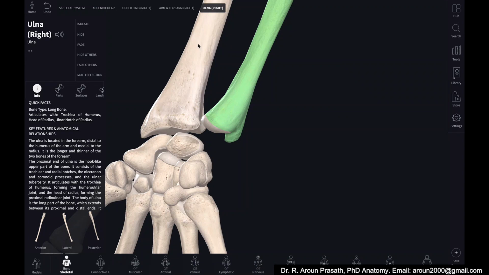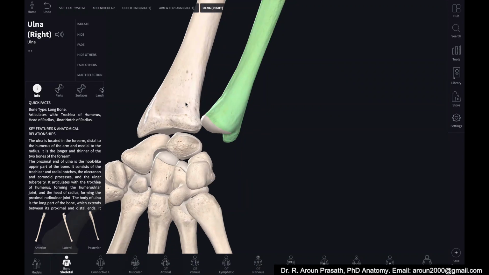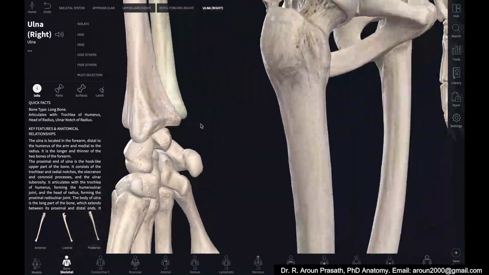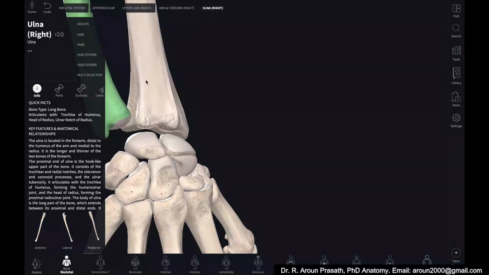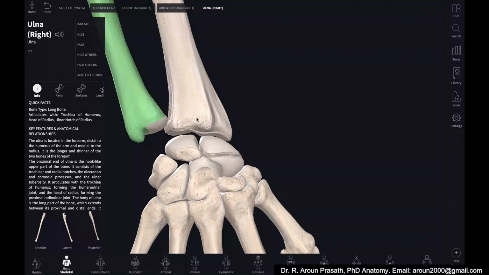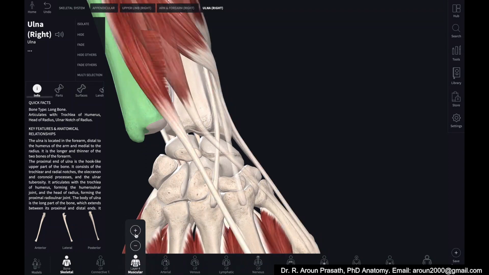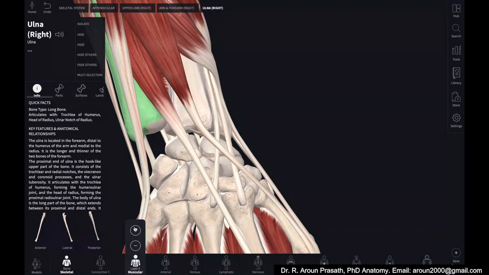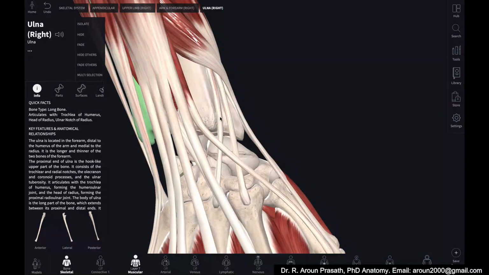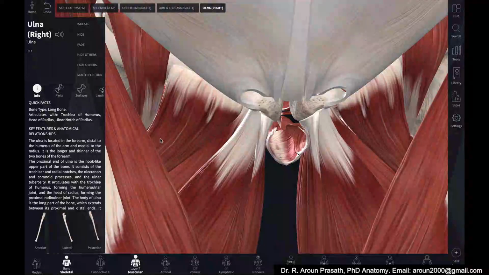In fact, the anterior surface of the radius is smooth, whereas the posterior surface has a lot of rough edges, because the extensor tendons are passing on the rough surfaces.